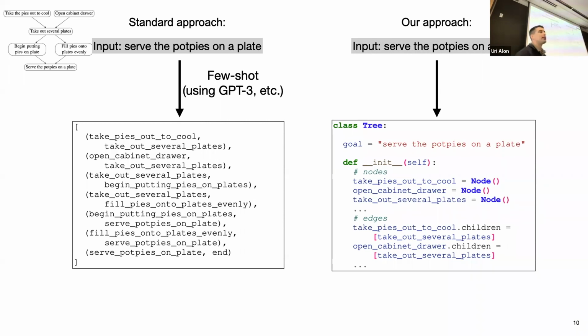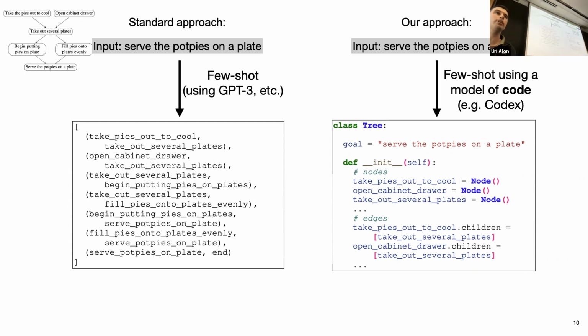So basically, we define a pseudo Python code that directly represents the original graph. And then instead of using a model for natural language such as GPT-3, we use a model of code such as Codex to ask the model to generate these Python graphs for our test natural language goals.